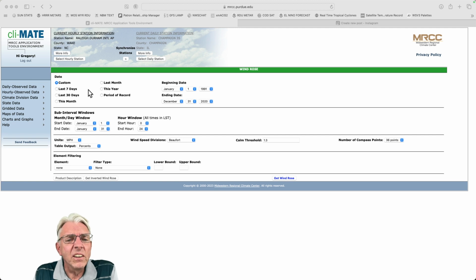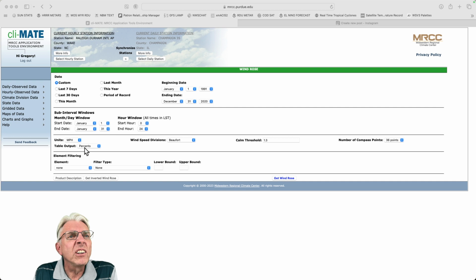But what I've done here is I've gone to the wind rose section. So I say for the date, it's custom. I want the period of time that it's looking at to be January 1st of 1991 to December 31st of 2020. And then within that range, I just want to look at January 1 to January 31, okay?